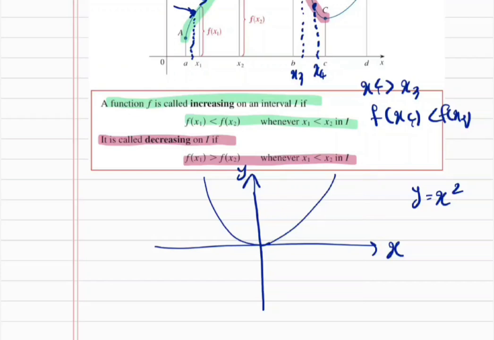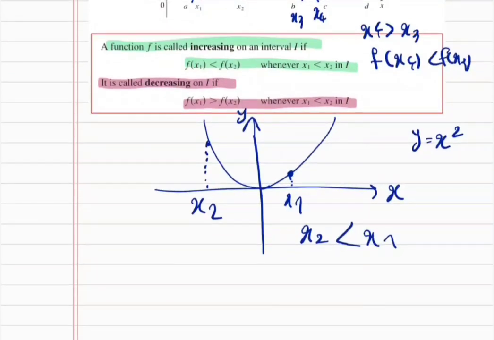The reason is that if you consider the entire graph, and imagine you have picked this point, let's call it x1, and then you have picked this point, let's call this x2. Obviously x2 is less than x1, because x2 is a negative number, but x1 is a positive number.